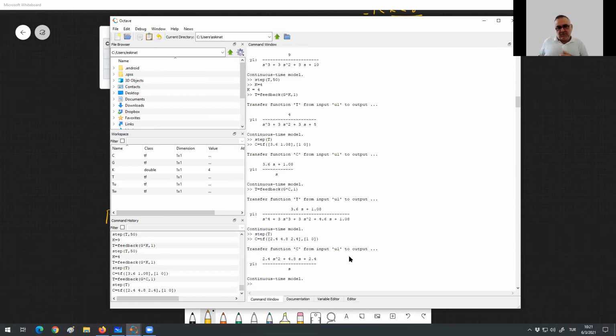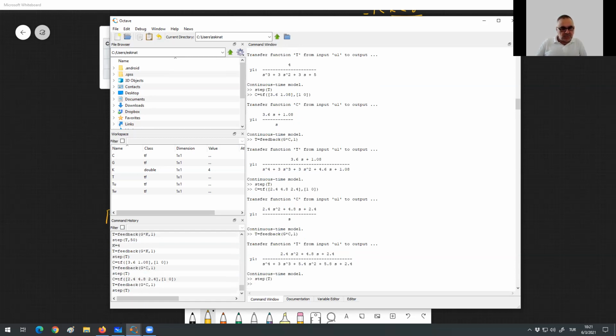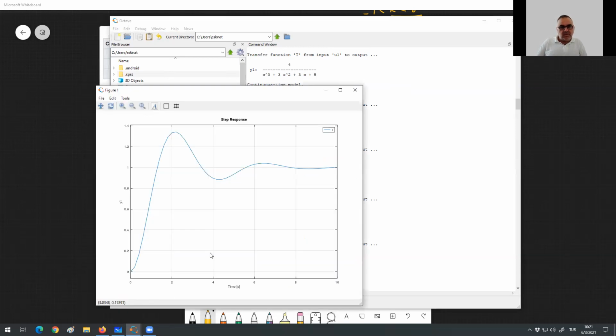So this is the PID controller with our tuning. Okay. Again, we do the feedback, and we look at the step response. Okay. First of all, we will note the following. This is the PID response.